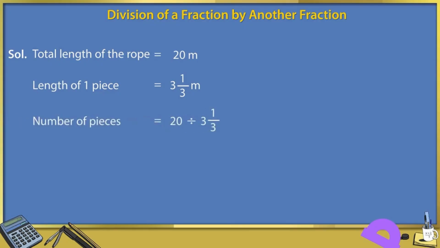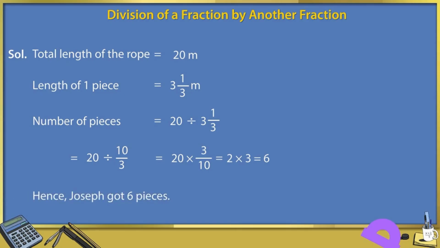Number of pieces is equal to 20 divided by 3 and 1 by 3, which is equal to 20 divided by 10 by 3, which is equal to 20 into 3 by 10, which is equal to 2 into 3, which is equal to 6. Hence, Joseph got 6 pieces.